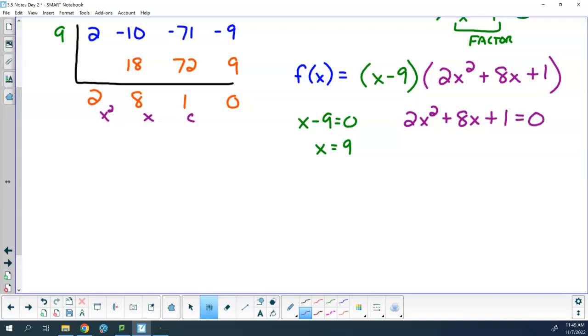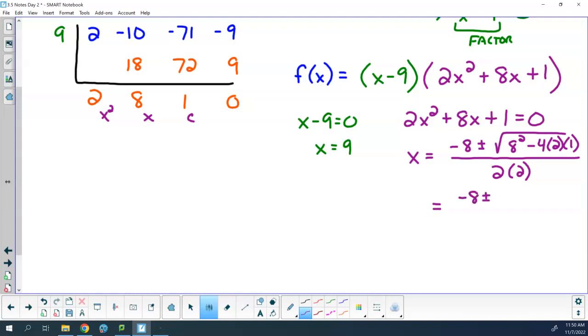So if that's not factorable, then I've got to use the quadratic formula. So I've got to go x equals opposite of 8 plus minus the square root of 8 squared minus 4 times a times c, all over 2 times a. 8 squared is 64. 4 times 2 is 8. 64 minus 8 is 56.